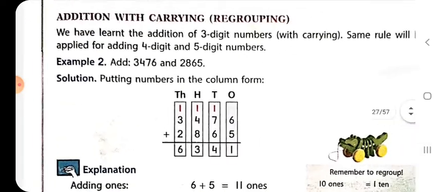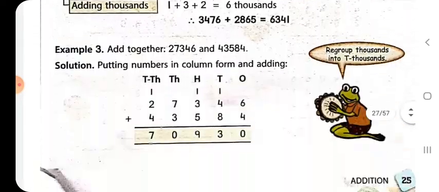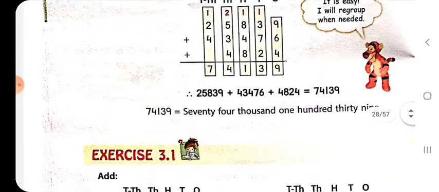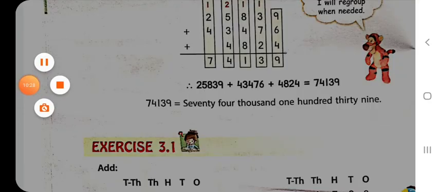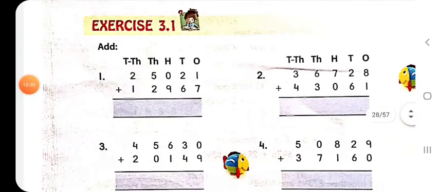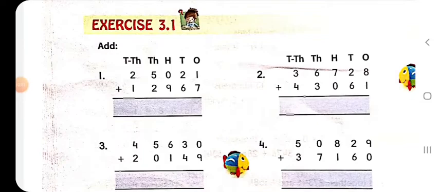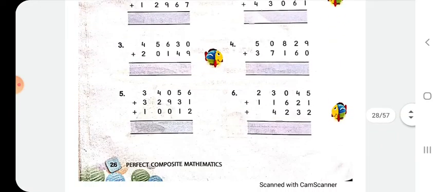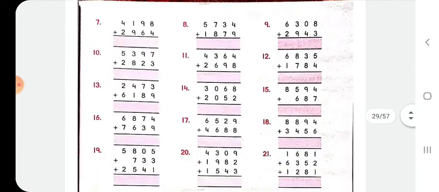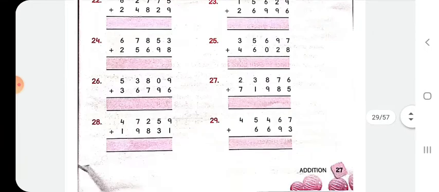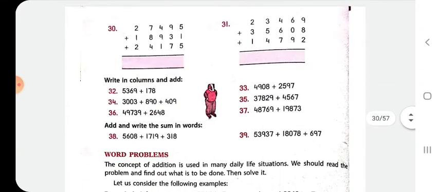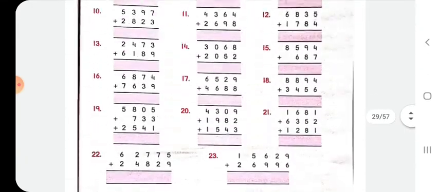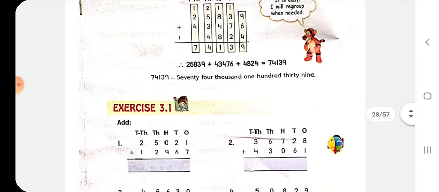Now moving to the next question, 3.1. As you see, beta, there are lots of sums for practice. 31 sums are here, of exercise 3.1.